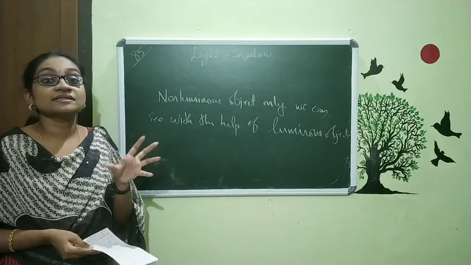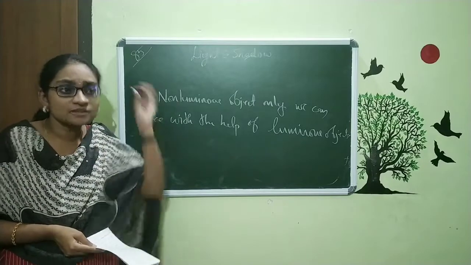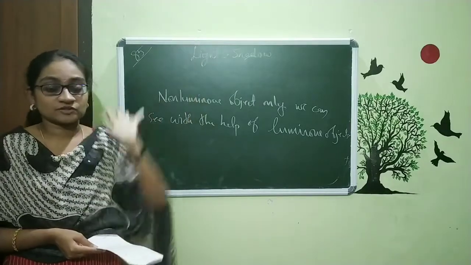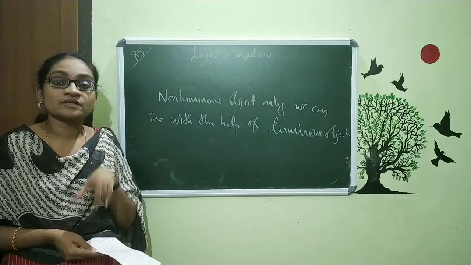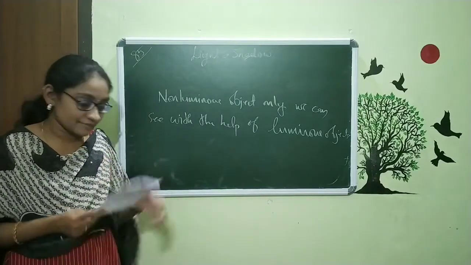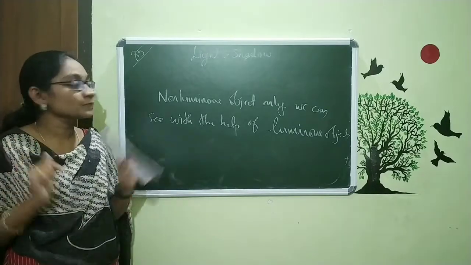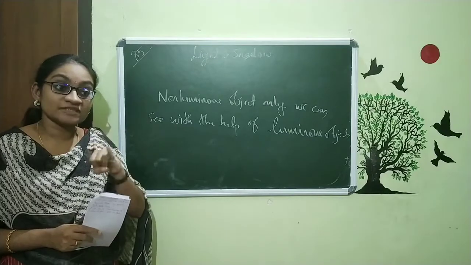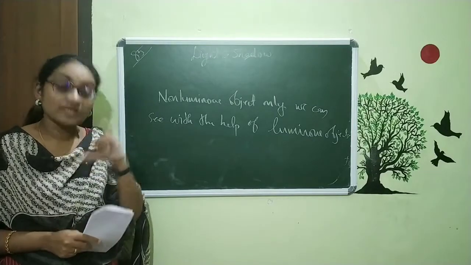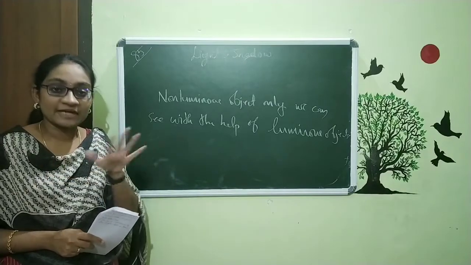Natural sources are the sources made by nature itself, and the artificial sources are the sources produced by human beings. And just remember the examples. Then we discussed luminous and non-luminous objects. Luminous objects are the objects which produce light by their own, and the non-luminous objects are the objects which do not produce light by their own.